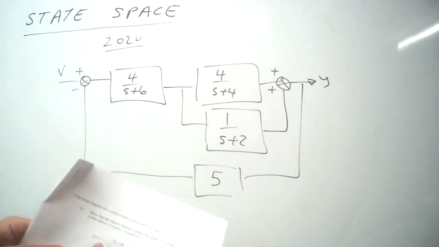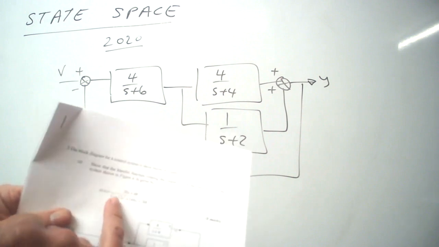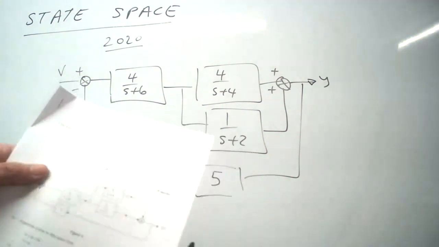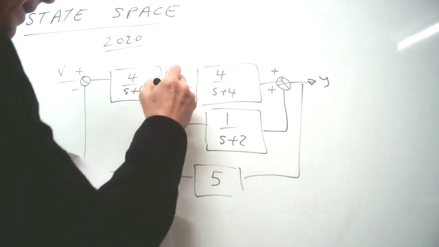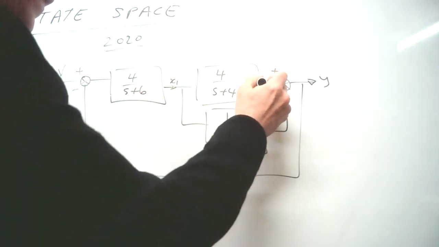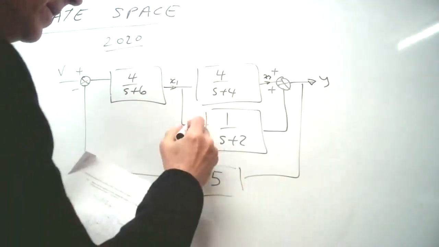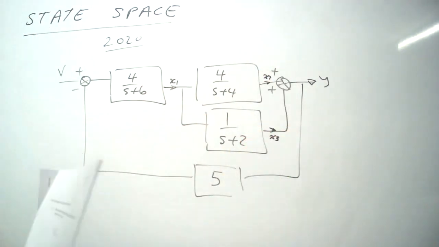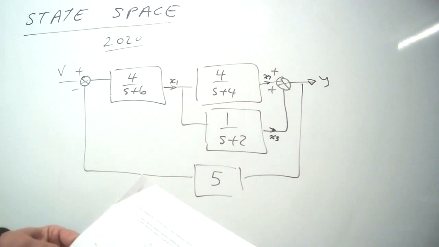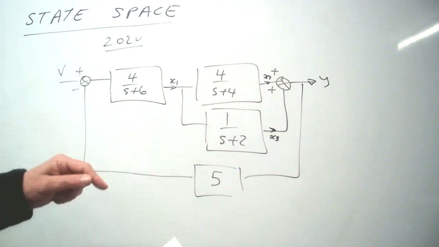Then the second part is we're given the transfer function here, and we convert that into companion form. The third part is this variable here, called x1, that's called x2, and that's called x3. Using the variables x1, x2 and x3, we have to get some state space equations for it, and that's the third part of the question, marked like 866.